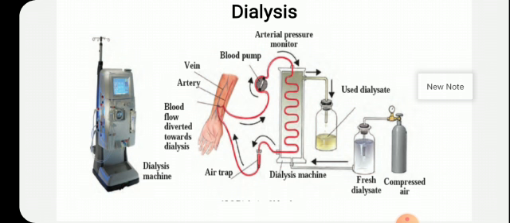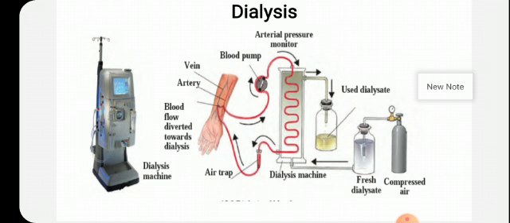Then after the dialysis, as the fresh dialysate is used, it gets impure, and that impure dialysate is collected in a bottle called used dialysate. So in this way the process of dialysis is carried out in a person whose kidneys are damaged and not working. It is very necessary to carry out the dialysis.